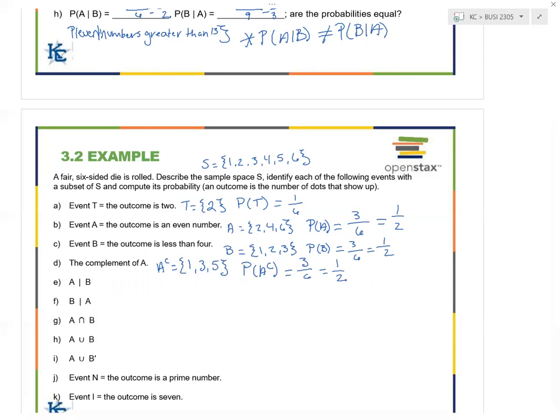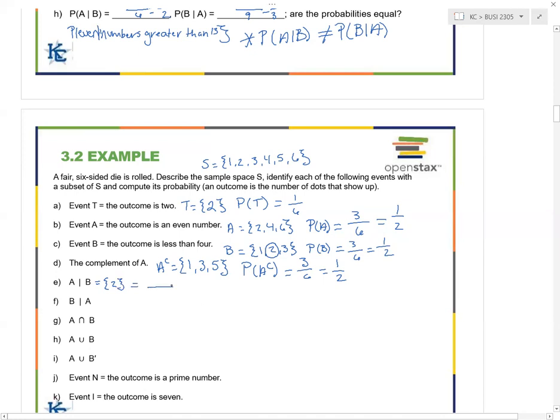Okay, if we want A given B, the way it can occur is if we're looking at B, we only want things that are also in A. So that would be 2. 2 is in A and B. And this is where with the probability you have to pay close attention.